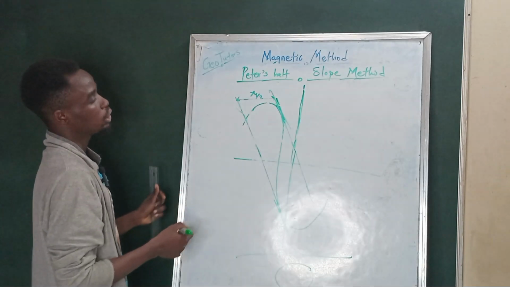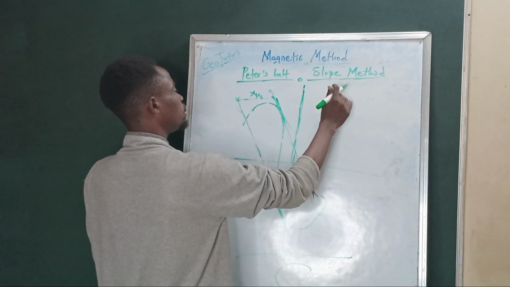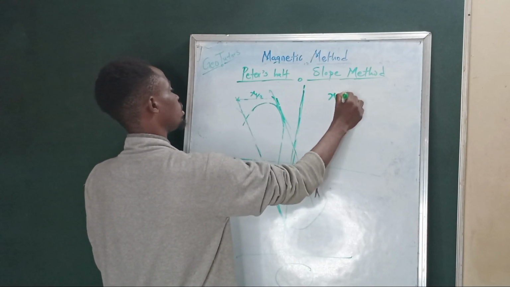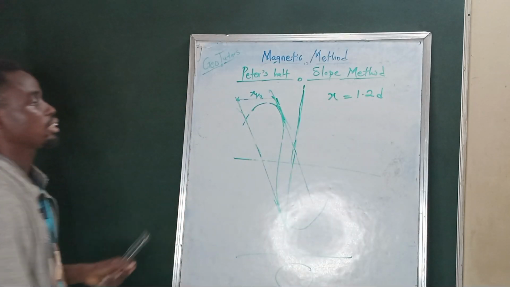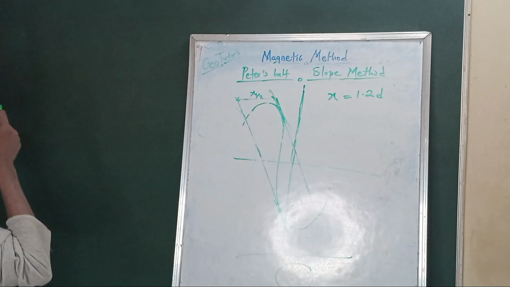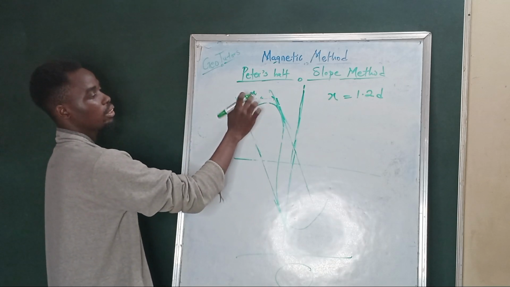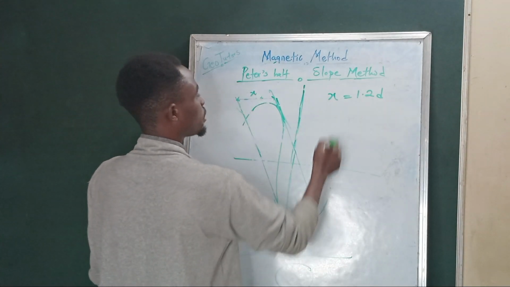But most of the time we use the thin. So we say x is equal to 1.2 d. X is what we have here, this guy here is our x.